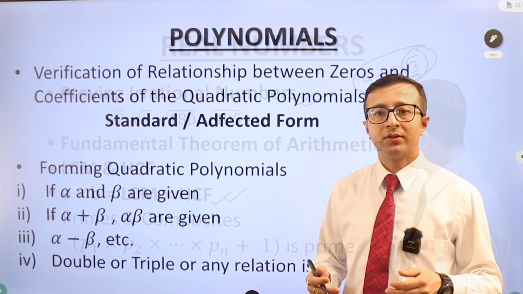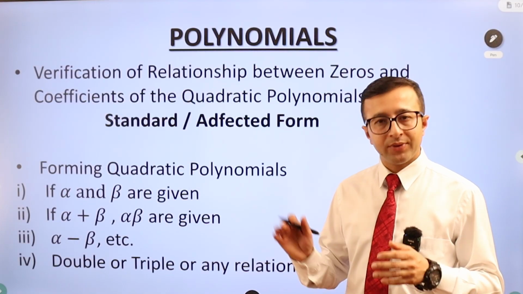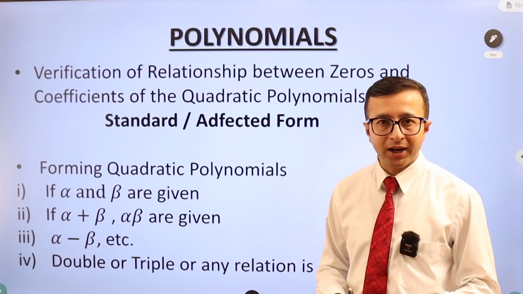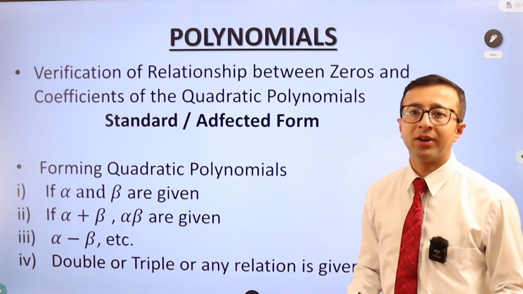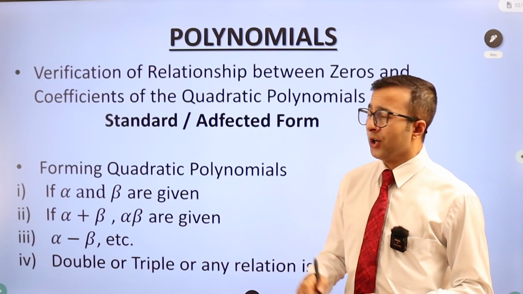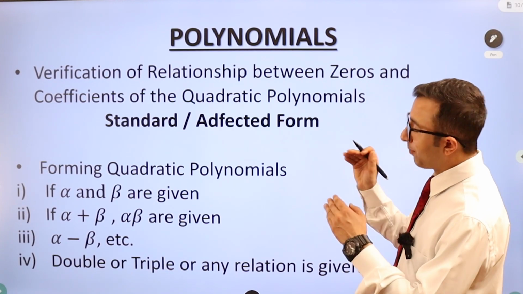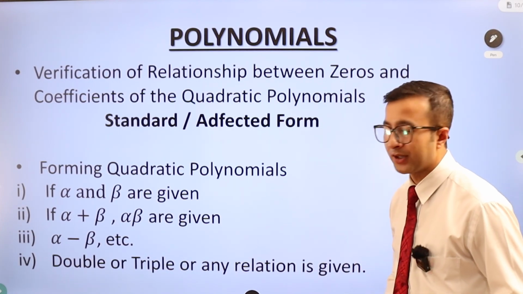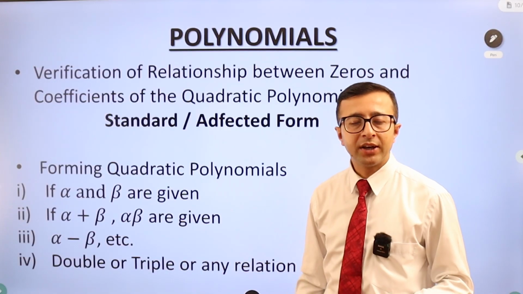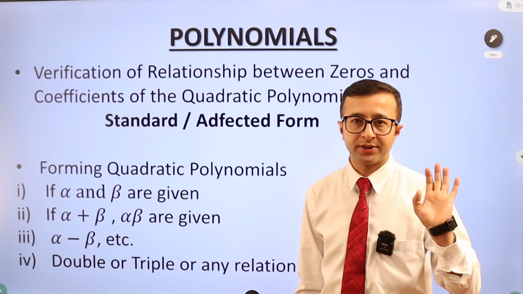That is for sure. Another chapter is polynomials, which is under algebra. Algebra gives us 20 marks in the board examination. This is one of the 4 chapters from algebra. So we will discuss only the problems that may be asked in the board examination from polynomials. Number 1, verification of roots and coefficients.